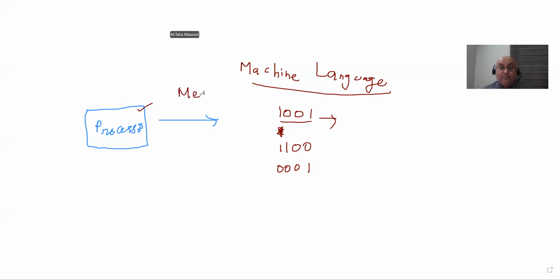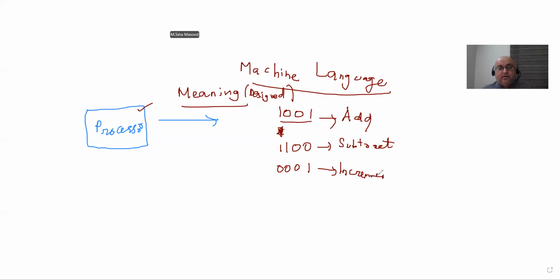Meaning is imparted by the designer, right? So it is designed in that way. Let's say, for the sake of discussion, this instruction means add, this instruction means subtract, and this instruction means increment.